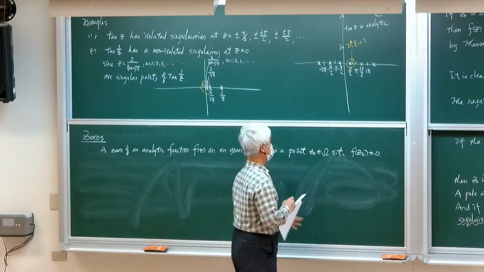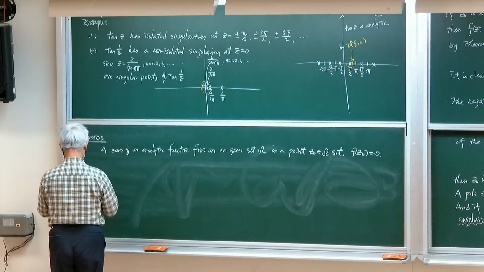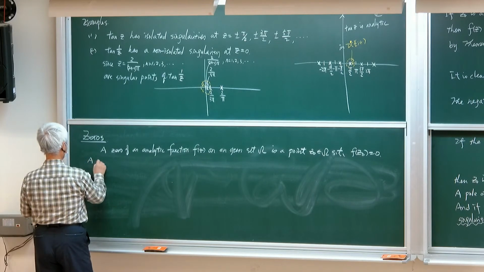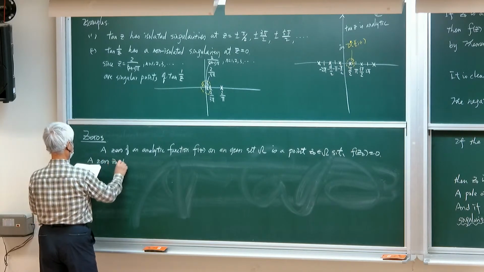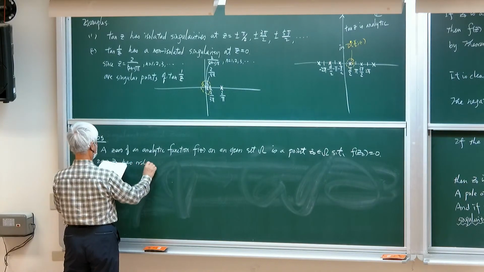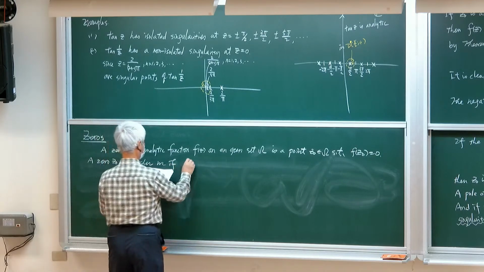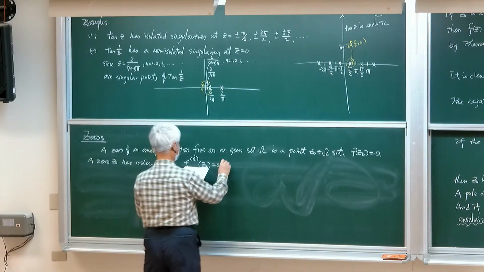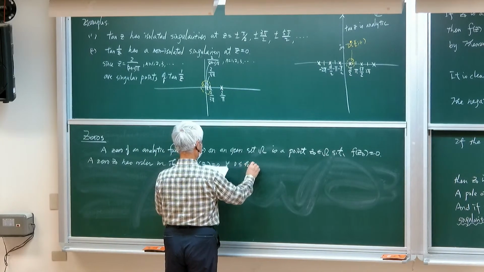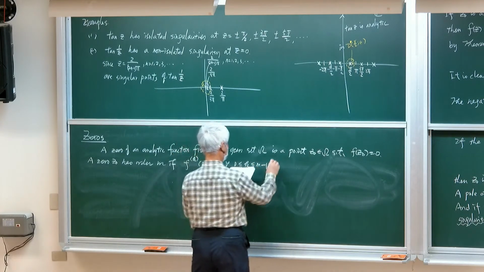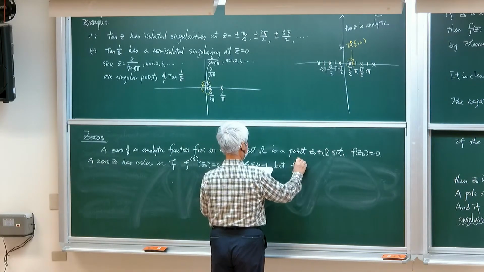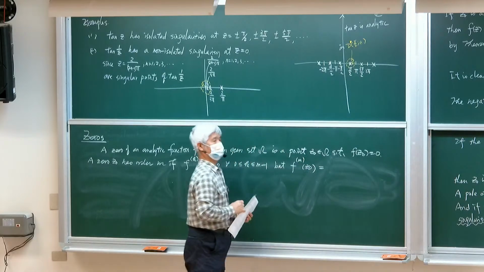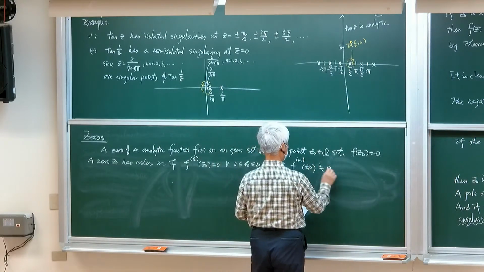A zero z0 has order m if its k-th derivative at z0 is 0 for all k from 0 to m minus 1, but the m-th derivative is non-zero at z0.